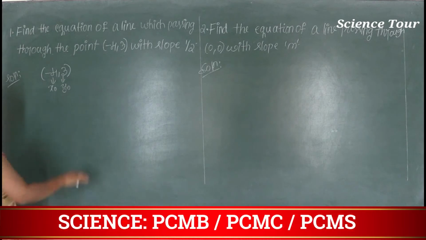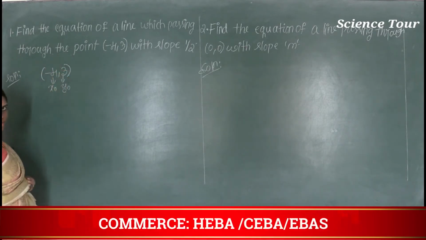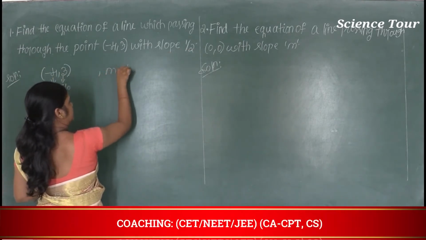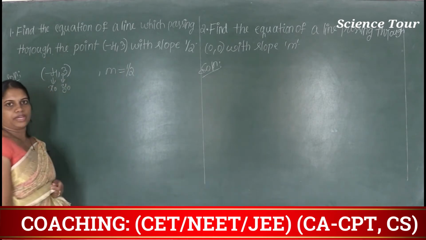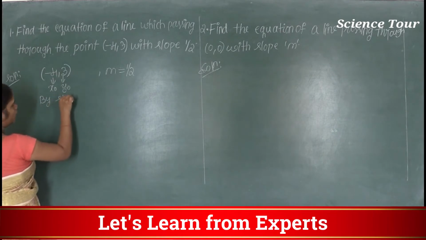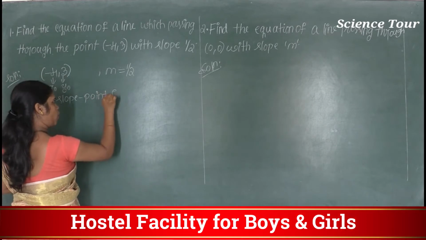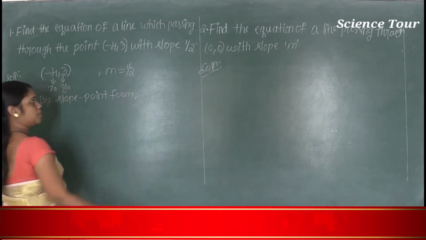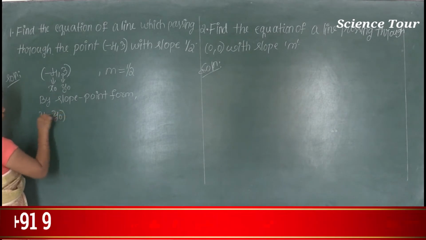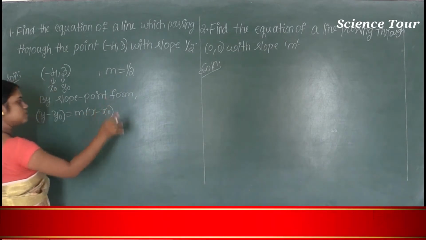Let x0 equal minus 4 and y0 equal 3. Also the slope value is given, so I will consider it as m. So m is equal to 1 by 2. Now by slope point form, what is your equation of a line? y minus y0 is equal to m into x minus x0.